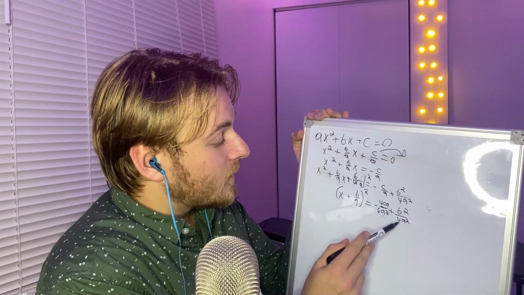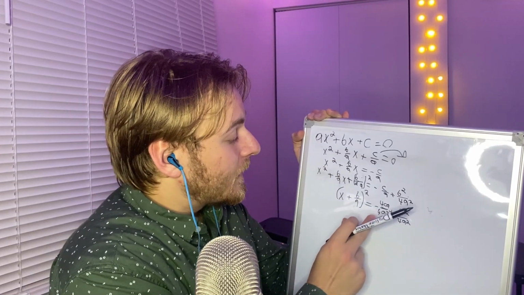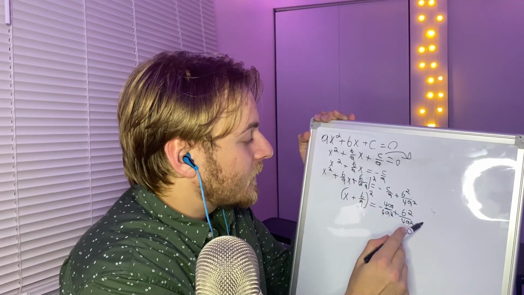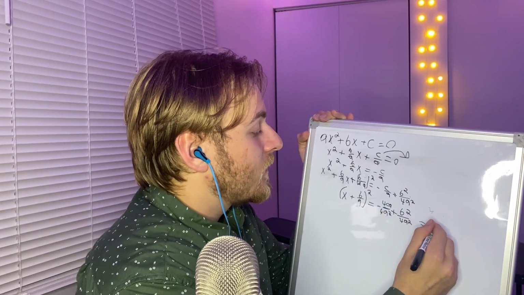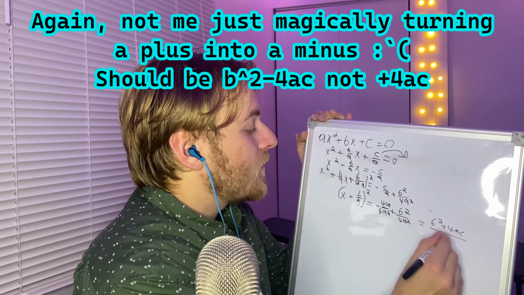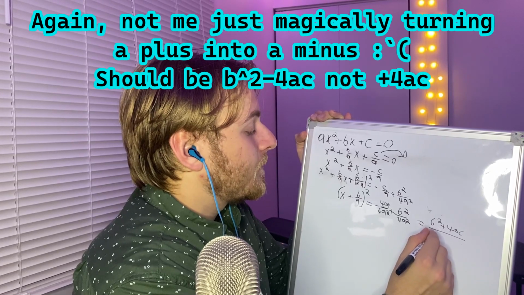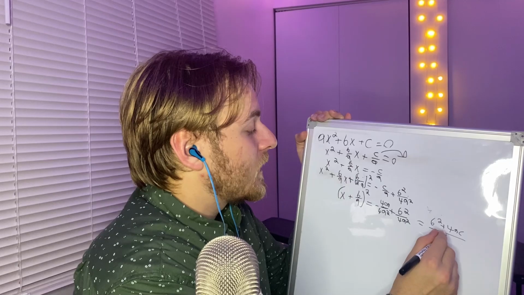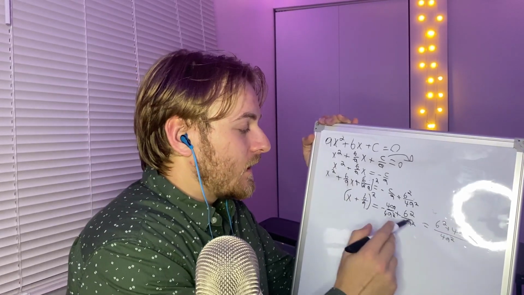So now we have common denominators on this side, so we can actually add these together here. So this is actually equal to b squared plus 4ac over 4a squared.